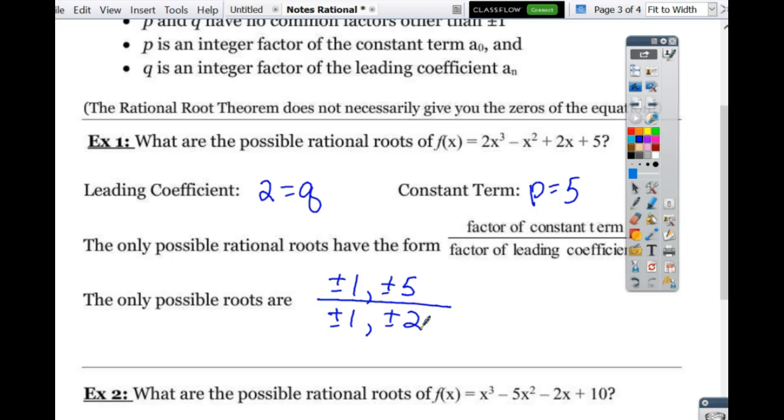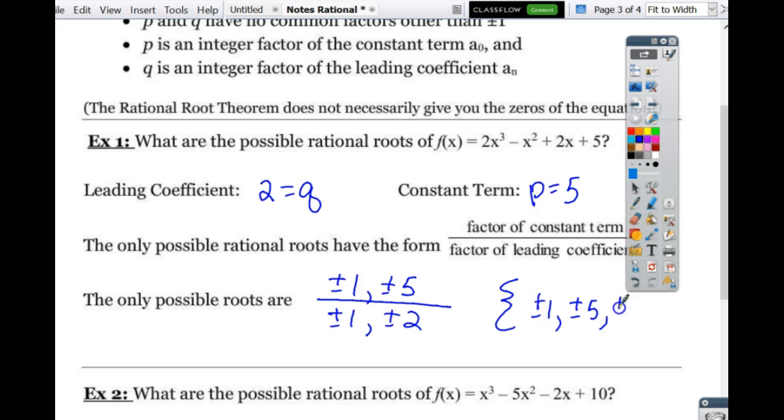So to get the possible roots, we're going to ignore the 2 to start with. I'm going to take 1 divided by 1, and that gives me plus or minus 1. 5 divided by 1 gives me plus or minus 5. And then cover up the 2. The 1.